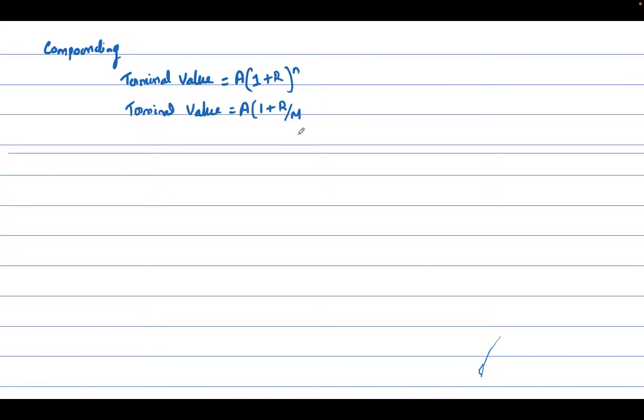M is the period of compounding. If in a year it is 2 times, you can say that it is compounded 2 times.